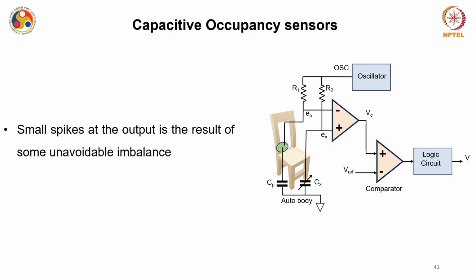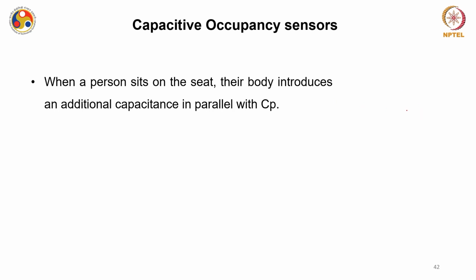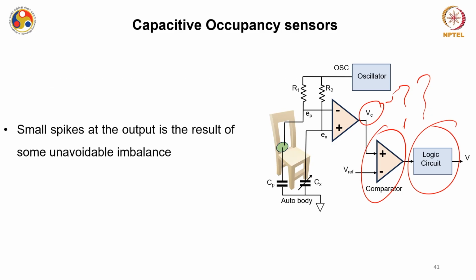Now, small spikes at the output are the result of some unavoidable imbalances. So this Vc may have some values; therefore, we have another step to avoid any false alarm. When a person sits on this car seat, his body introduces an additional capacitance in parallel to the Cp.